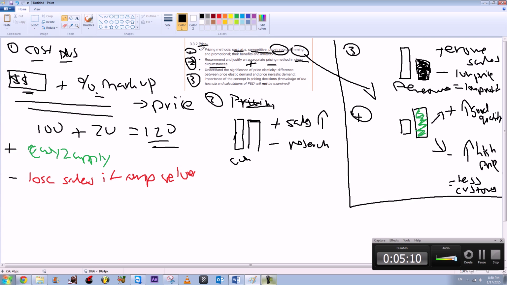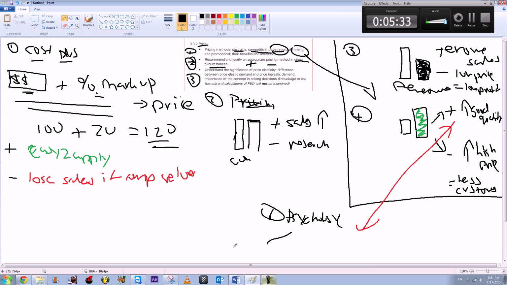I'll do promotional last, because this aspect of high price and high quality might link to number 6, psychological pricing. And I like psychological pricing because there are two bits to it. Number one is the classic $99 one, where you think it's $1 less but it's actually not. That's psychological pricing.